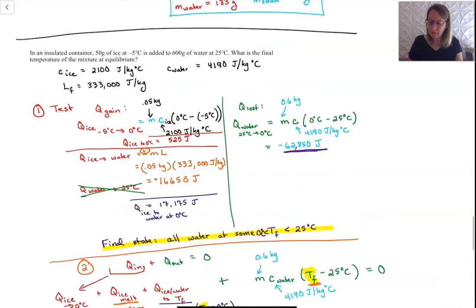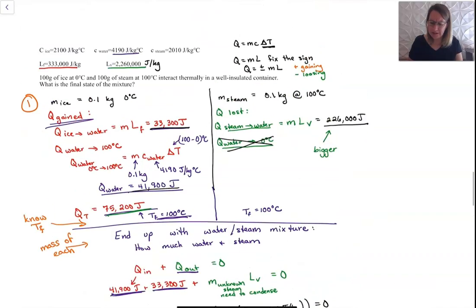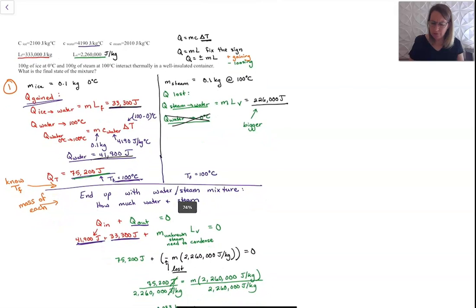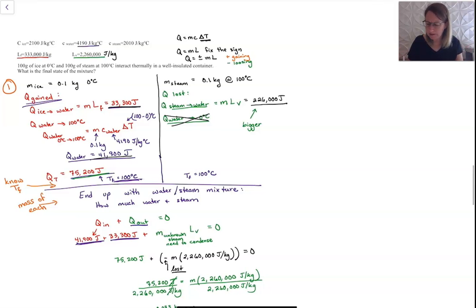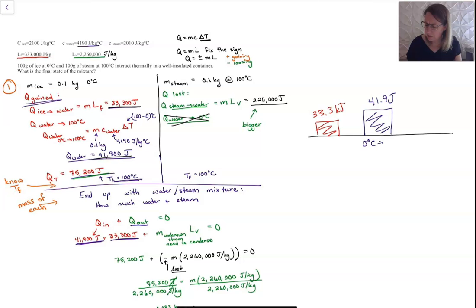I find it useful, as I showed you in class, to do a bar chart for this. This may or may not be helpful. I'll just go over it one more time. Here's my bar chart. The ice piece, I had ice to water. This is my 33.3 kilojoules. My water to steam is going 0 C to 100 C. This is melting.